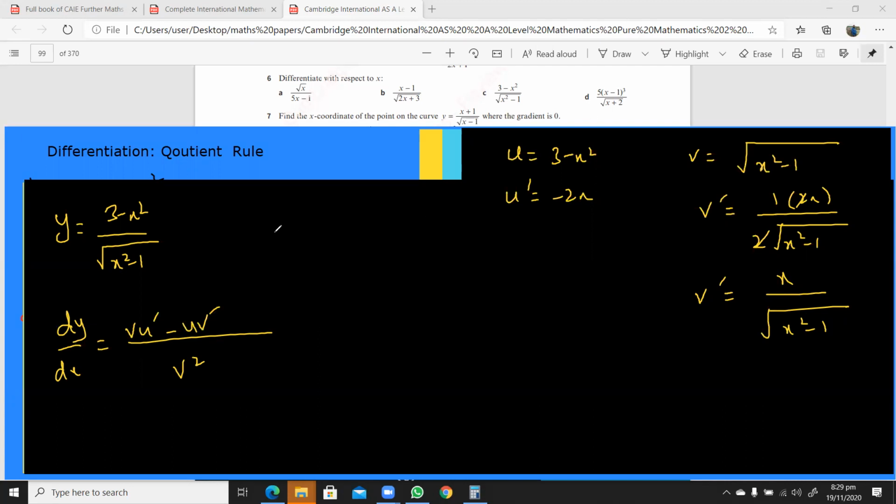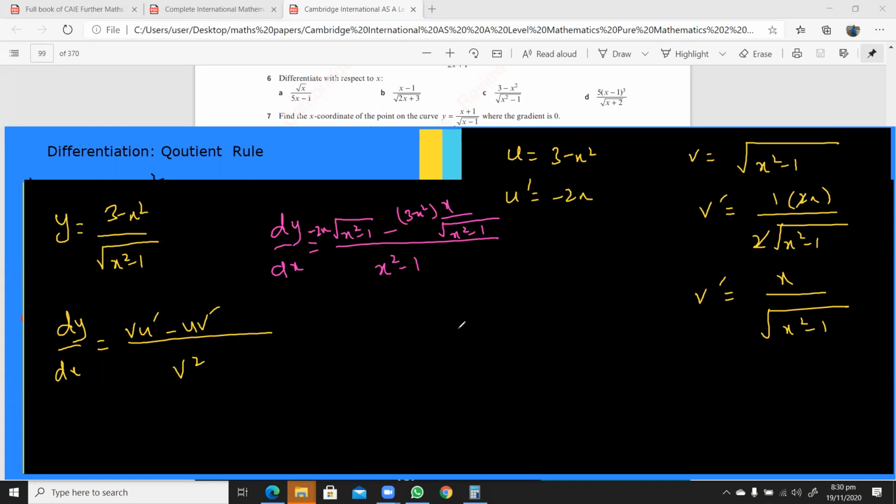When you square this v, the square root will be cancelled. So we have the square root of (x square minus 1) times minus 2x, and then minus u, which is (3 minus x squared), into this x over the square root of (x squared minus 1).